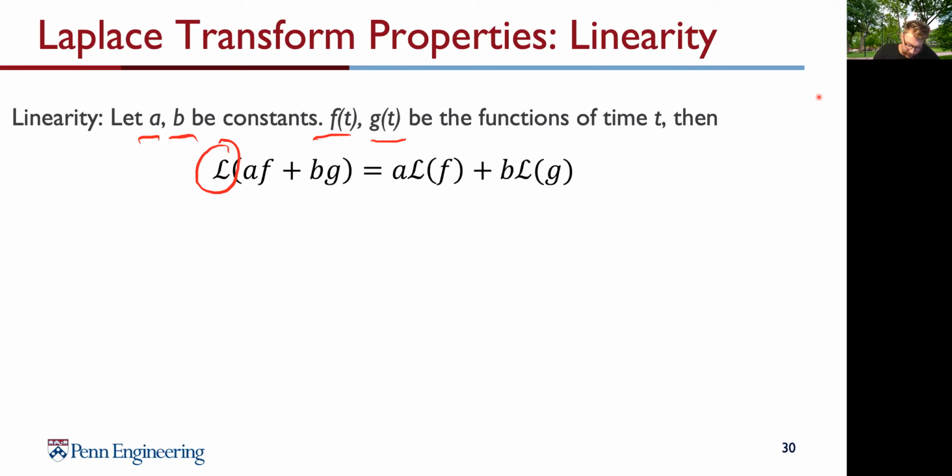What we say is that we can pull out both of the constants and say it's the same if we just pull them out and make the Laplace transformation on the functions themselves. So now you can just believe me on that, or you can also prove it.